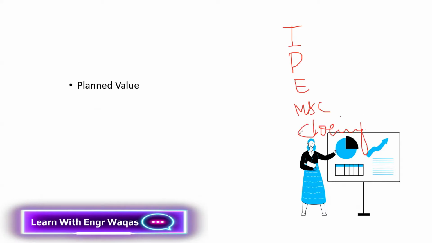Everybody knows that. It's a very simple thing. So whatever we are going to estimate, whatever we are going to assume in the planning phase, that would be referred to as planned value.